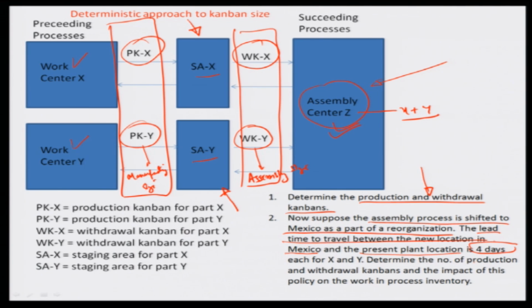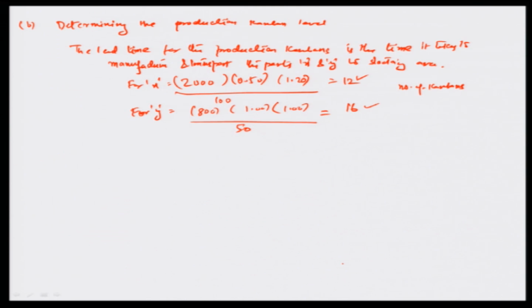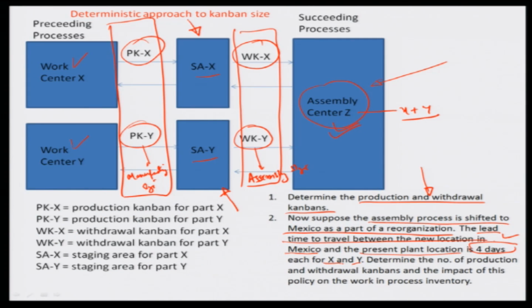So the lead time has really increased for both X and Y components from the earlier level of 1 day and half a day respectively to now about 4 days. So naturally the withdrawal Kanban would increase, because now your whole idea is that this stage is going far away, okay.